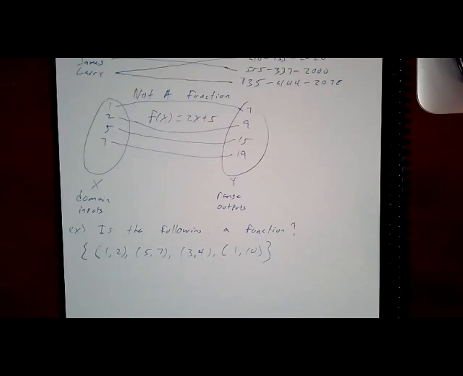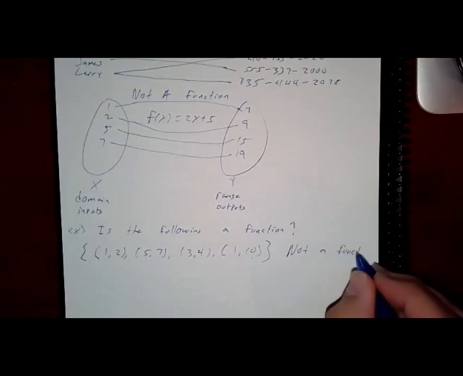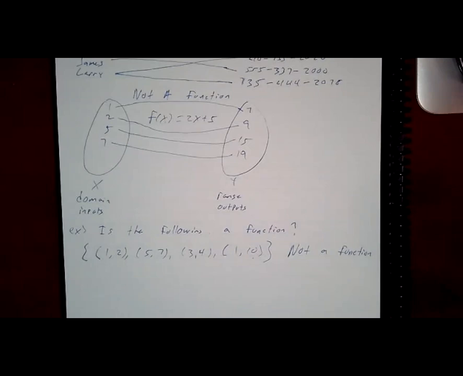So going to the definition, right, we said every x value should only have one y value. But what is the 1 doing, right? 1 is going to 2, and later it goes to 10. So this is Larry. This is a problem. It's not a function. You see why that is not a function?